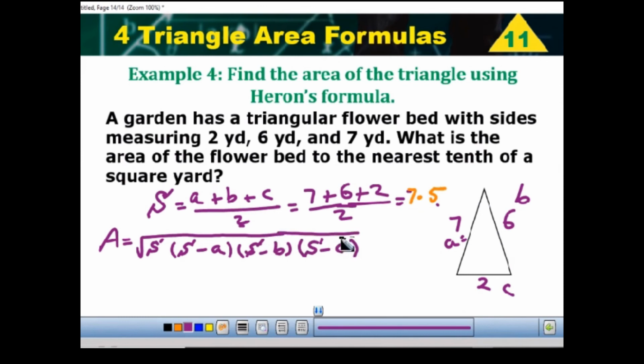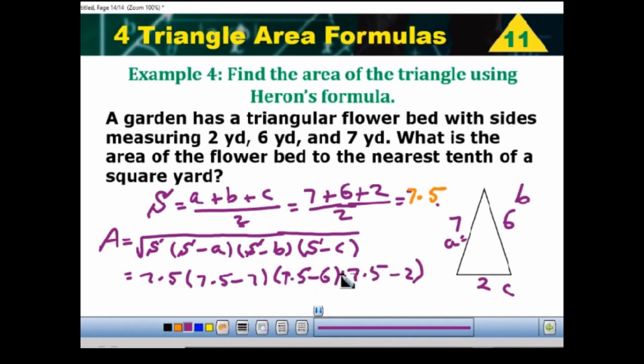And we see here that S is 7.5. And then 7.5 minus 7, 7.5 minus 6, and 7.5 minus 2. And you are under the square root.